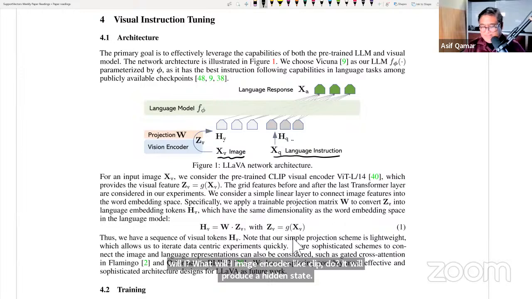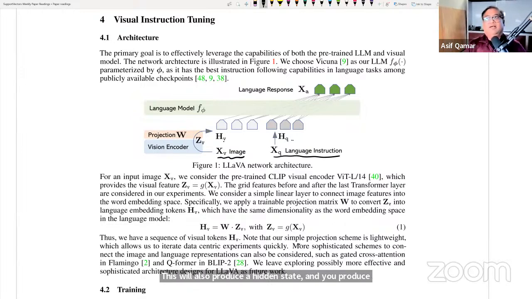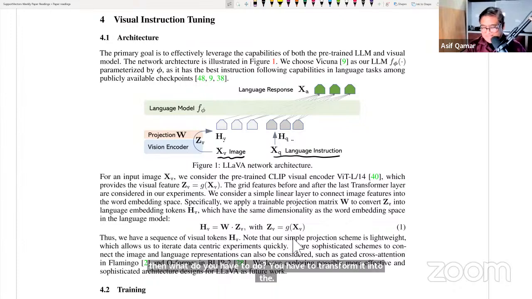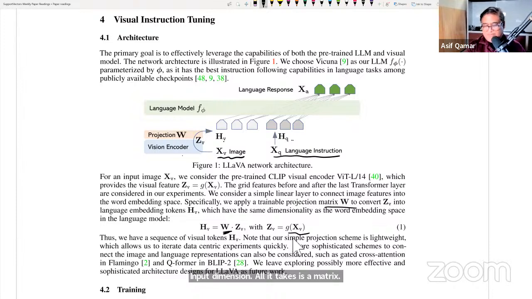You may use Vicuna, but the input vector it expects is maybe 300 dimension, and the vector that CLIP produced is maybe 200. I'm just randomly throwing numbers. It is a different dimension. So what do you have to do? You have to transform it into the right input dimension. All it takes is a projection matrix.